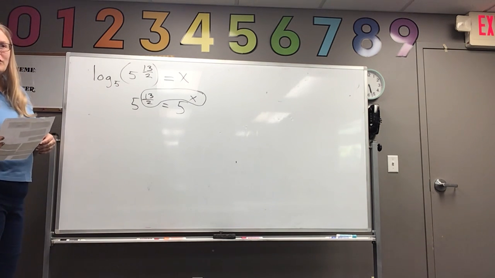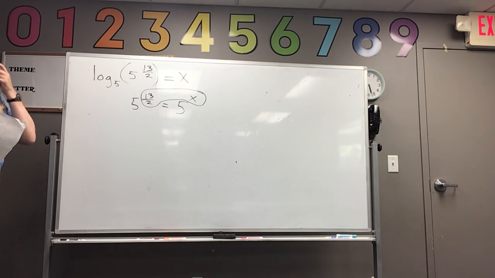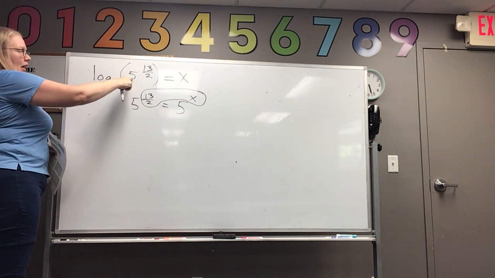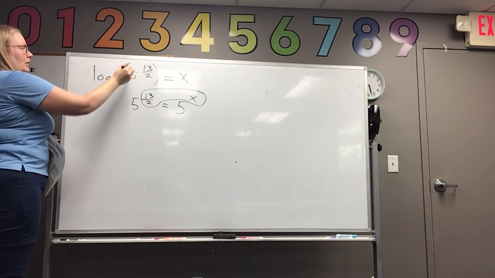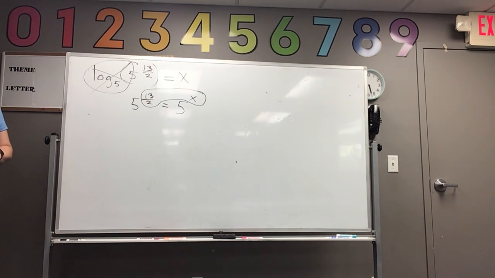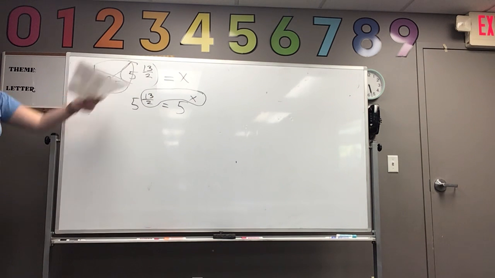Even though that's a question 49, it's that easy. In the future, if you have the base and this number matching, this just cancels. If your base number and your log base match, they cancel out and it's just 13 over 2.